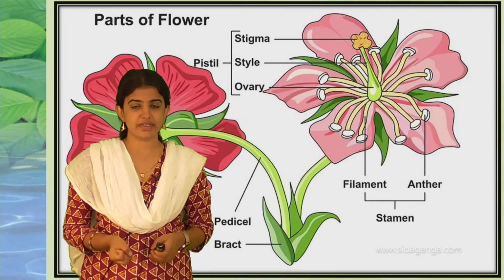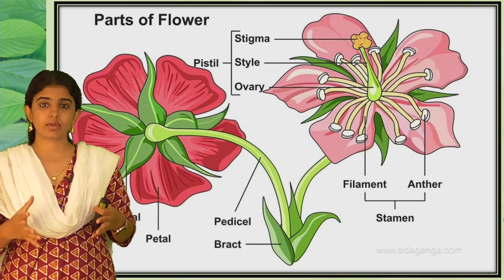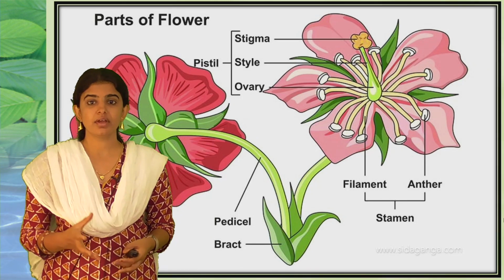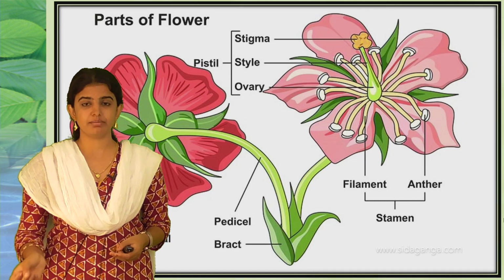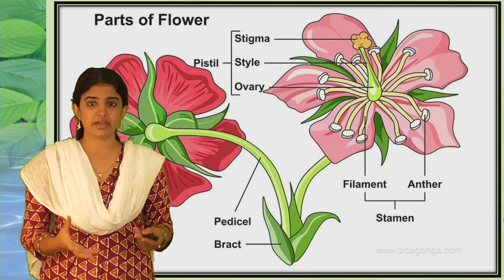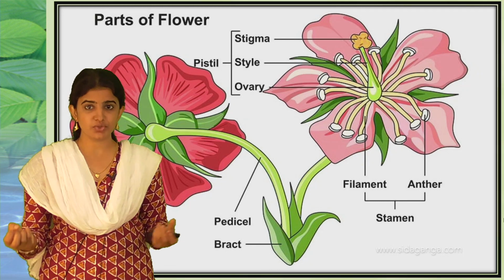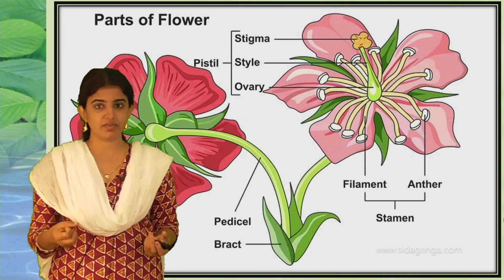Next one is the petals. Petals are bright in color, which attracts insects, human beings, and animals. Usually honeybee-like insects visit each flower and suck the nectar from the flower.